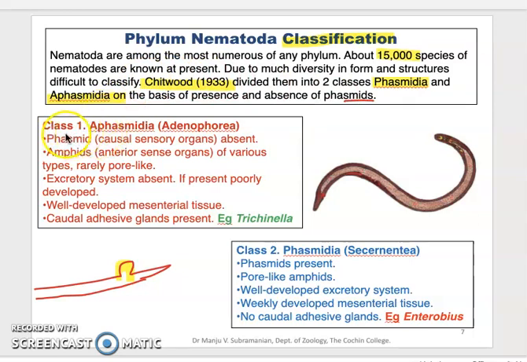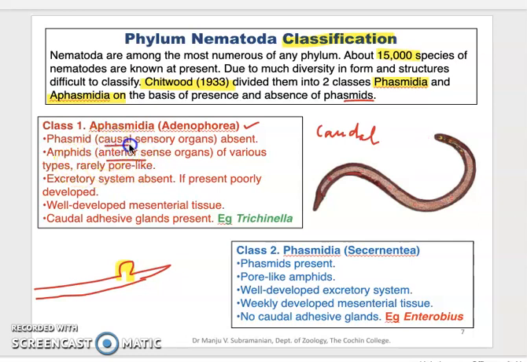Let's see the salient features of the class Aphasmida and Phasmida. This class Aphasmida is also called Adenophorea. These phasmids, as said earlier, are the caudal sensory organs, and amphids are the anterior sense organs.